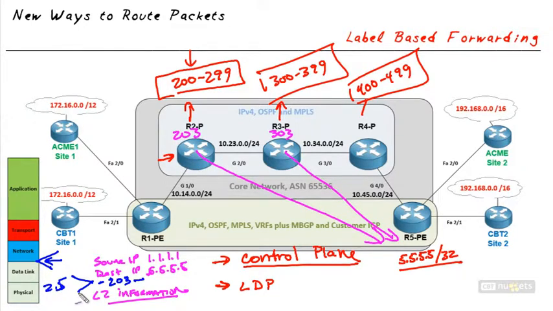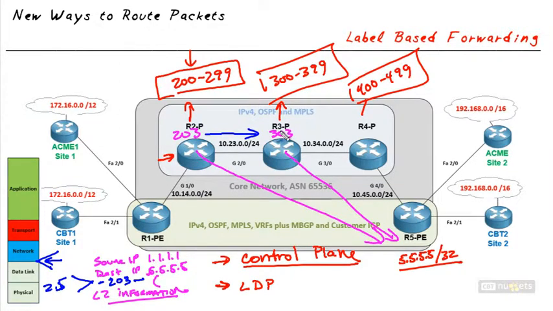And then it's going to take a look at the MPLS label at what I like to call layer 2.5, and as it sees the label of 203, it's going to say, oh, I know exactly what to do with that. It has a label forwarding table that says, if you get a packet that has label 203, go ahead and simply swap out that label with label 303 and forward it to your good buddy R3. And the magic is, and this is important, it never had to look at layer 3 information. It did not have to look at the layer 3 IP address.